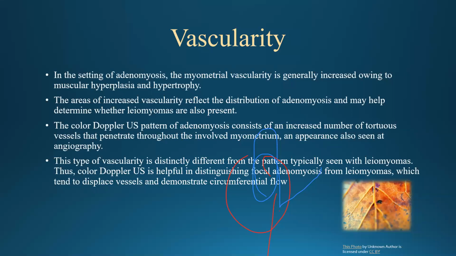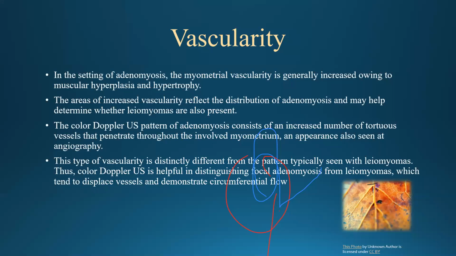The color Doppler ultrasound would reveal an increased number of tortuous vessels, as I showed you earlier, and I'm going to show you again, that penetrate through the involved myometrium, an appearance also seen at angiography. This type of vascularity is distinctly different from the pattern typically seen with leiomyomas, where the vascularity comes from outside, circumferentially around the myoma.